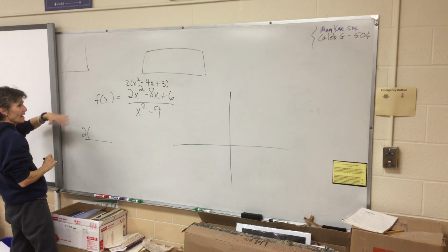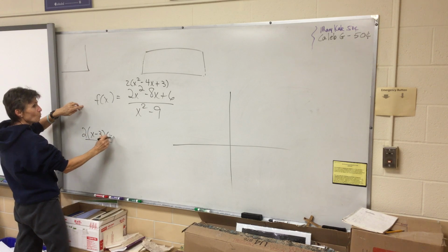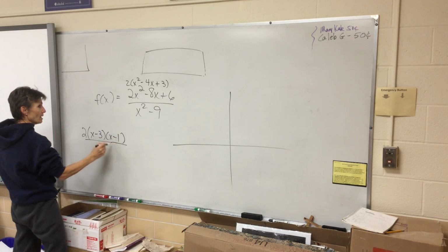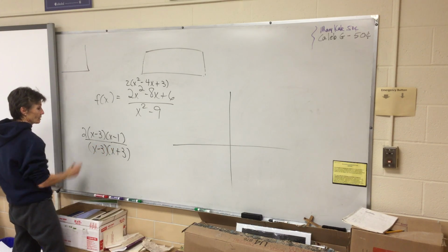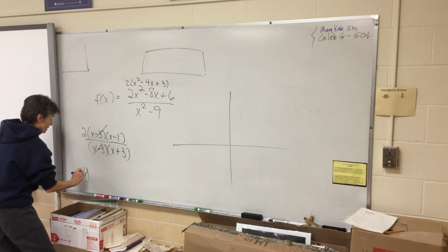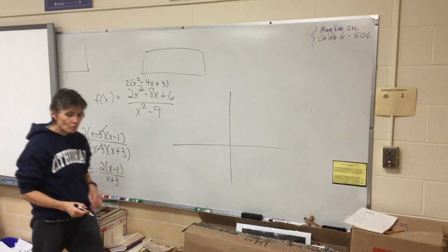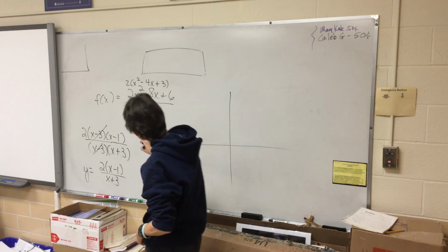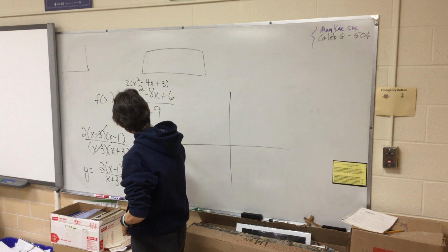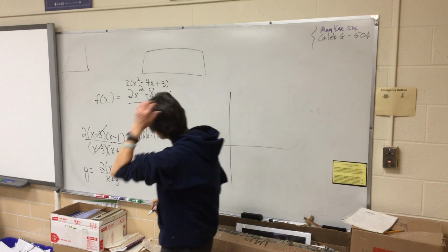You can't lose that. And then x minus 3, x minus 1. And then the bottom's just the difference of squares. And right there, I can see I'm going to have what's known as a removable discontinuity. I'm going to have a hole. That's a removable discontinuity at the point where x is 3.